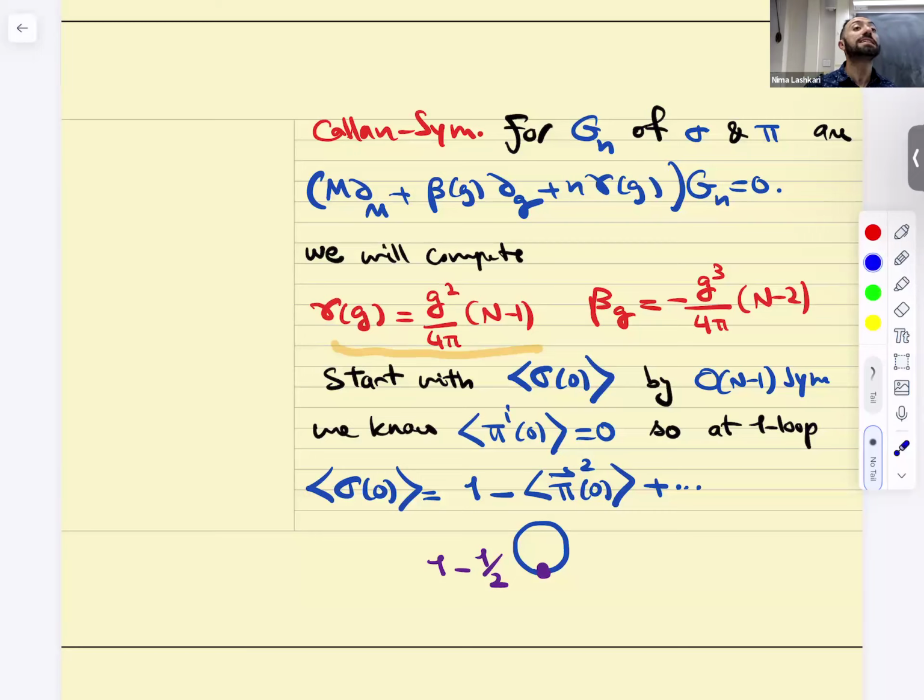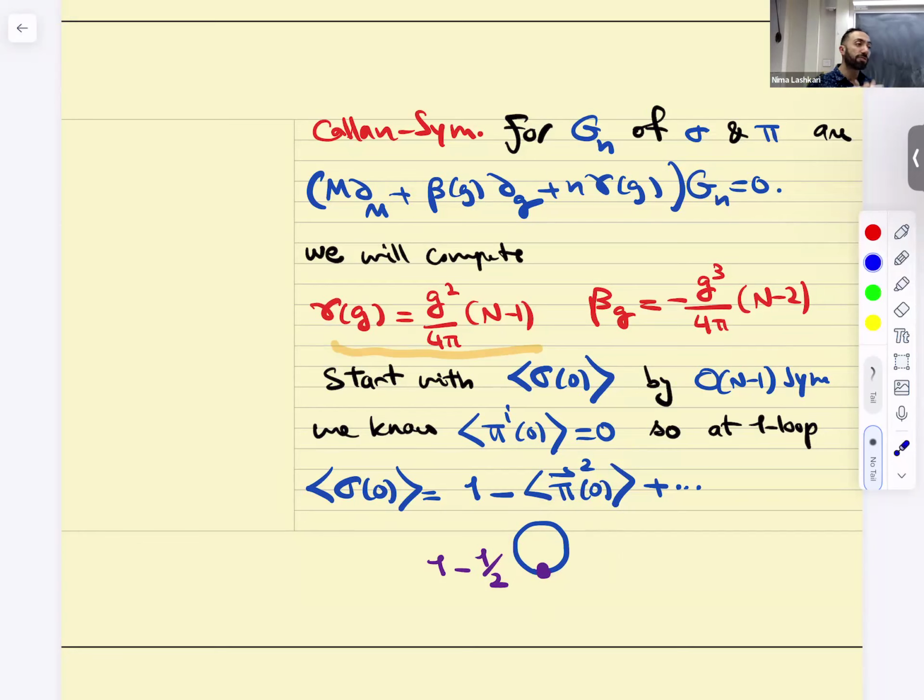It's about translation invariance in M. By translation invariance in M, I can always bring it to 0. By O(N-1), pi^I of 0 is 0. Sigma of 0 at one loop takes this correction, which is pi of 0 squared.